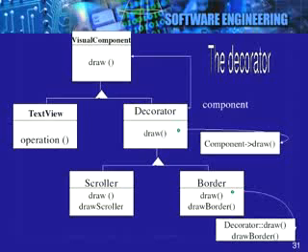So you can see that there are different kinds of decorators, and the decorator has a link to the actual component, and the decorator and the actual component or the text view support exactly the same interface, so that the client is not aware of the exact type of the object, whether it's talking to the actual server or the decorator in between.